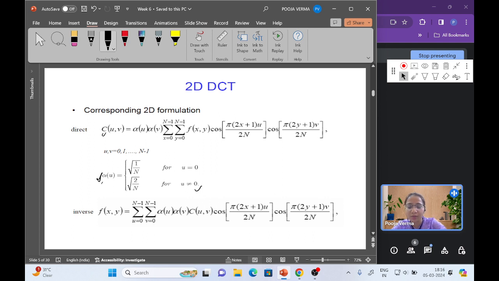Here it is given, but we can take any value. It depends on the question. So for u = 0, it is root 1/N, and if u is not equal to 0, it is root 2/N.